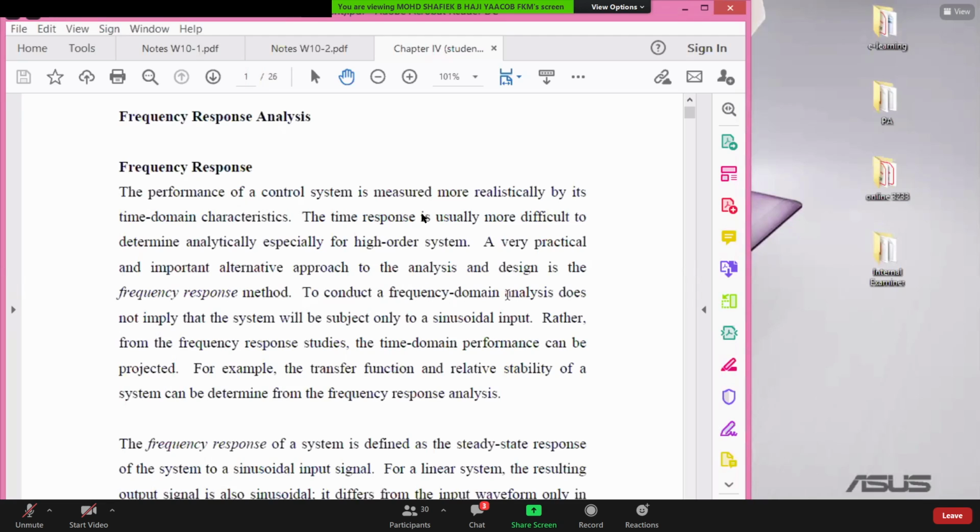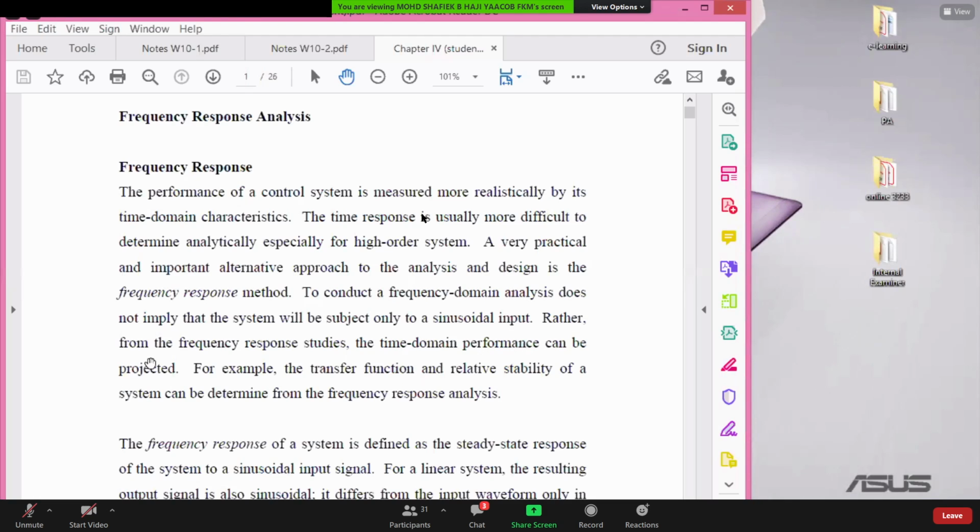To conduct a frequency response analysis does not imply that the system will be subjected to only a sinusoidal input signal. Probably once in a while, your input is going to be sinusoidal. But we are just using the information from this frequency response analysis to project.